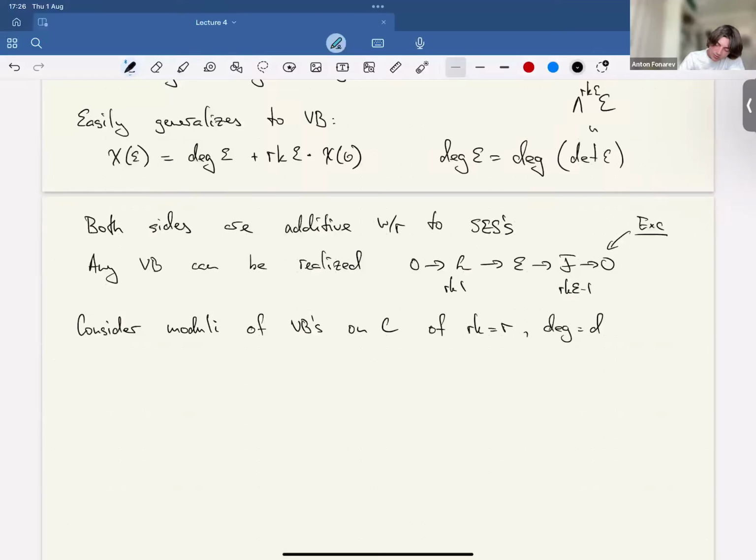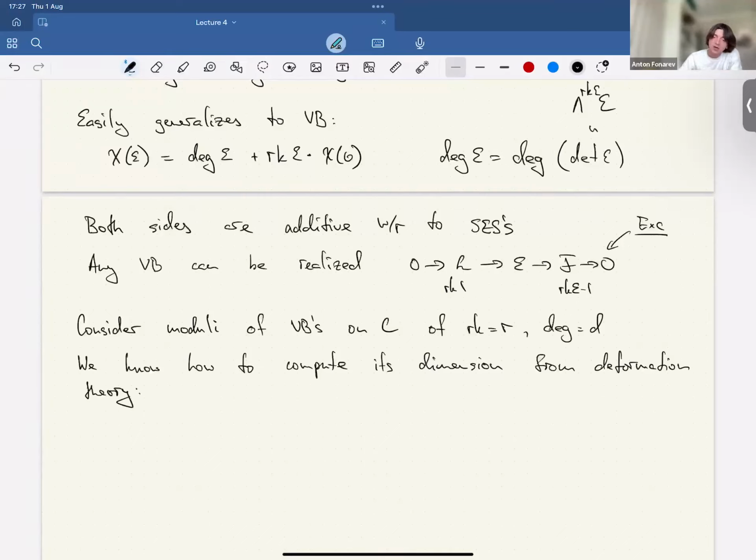So we know how to compute its dimension from deformation theory. Namely, I claim that you have a certain isomorphism class of vector bundle, which is a point in the moduli space or stack on C with these R and D parameters.